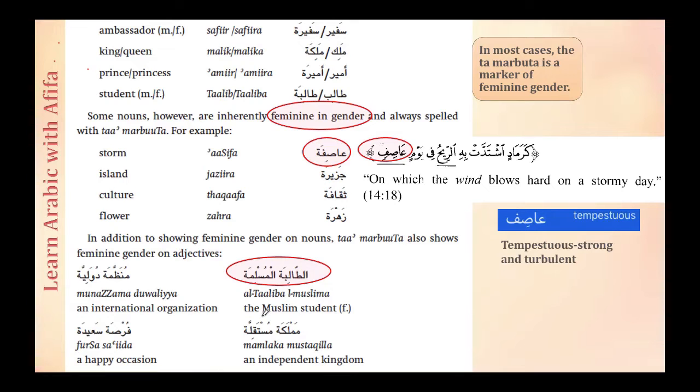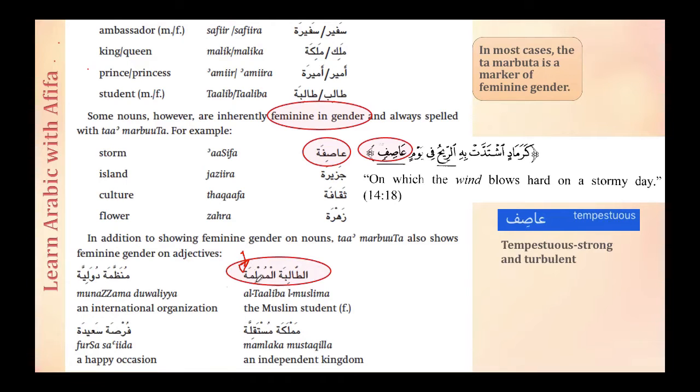If you want to say Muslim student, you know this is feminine. So now you're adding this ta marbuta at the end. But if it was masculine, at-talibu, then there would be no ta marbuta at the end.